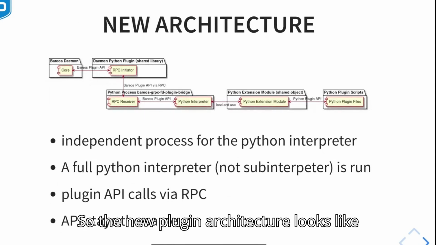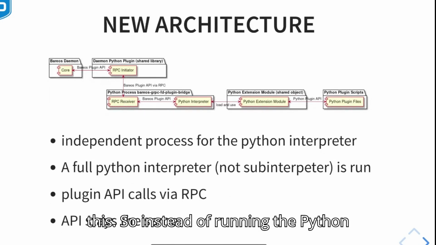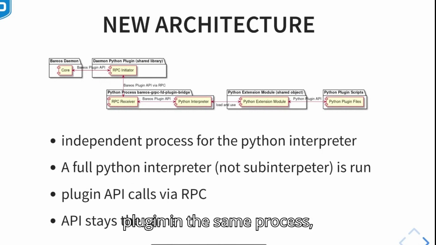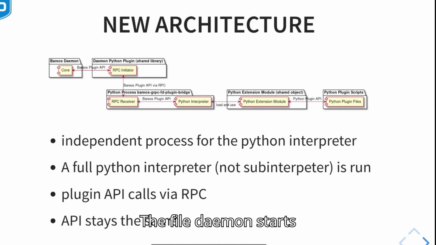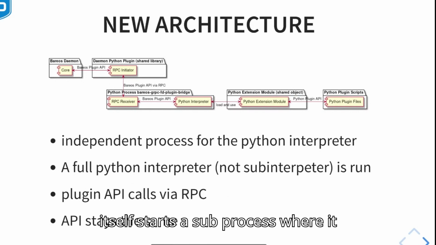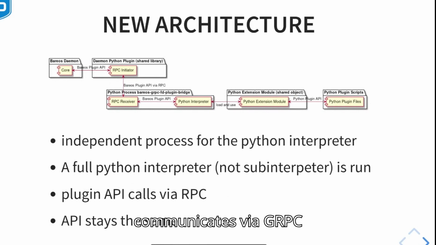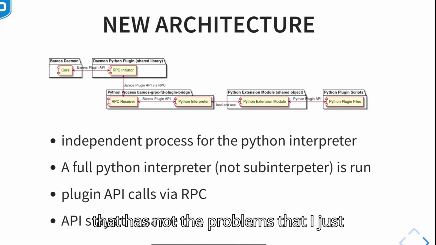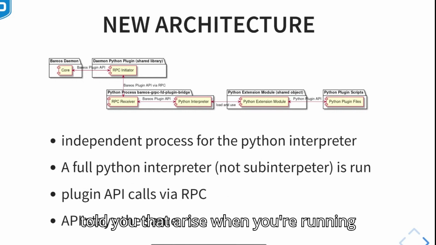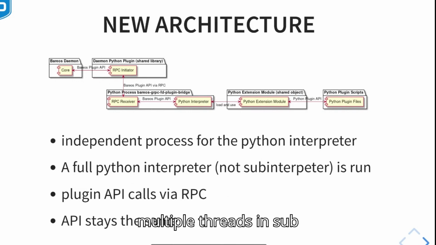So the new plugin architecture looks like this. Instead of running the Python plugin in the same process, we now have a two-process approach. The file daemon itself starts a sub-process where it communicates via gRPC, and every job gets its own sub-process running a full Python interpreter that does not have the problems that I just told you arise when you're running multiple threads in sub-interpreters.